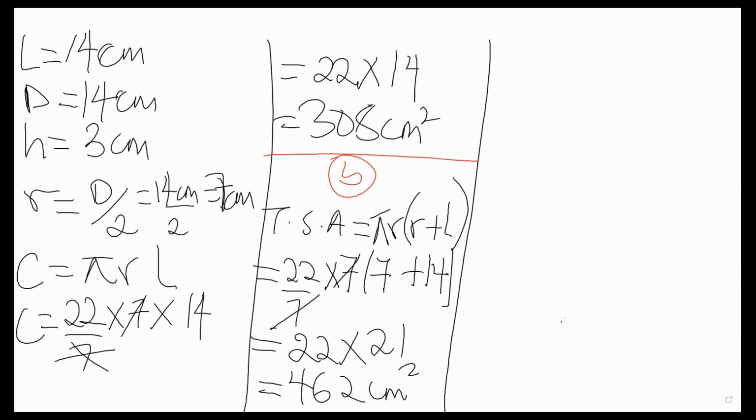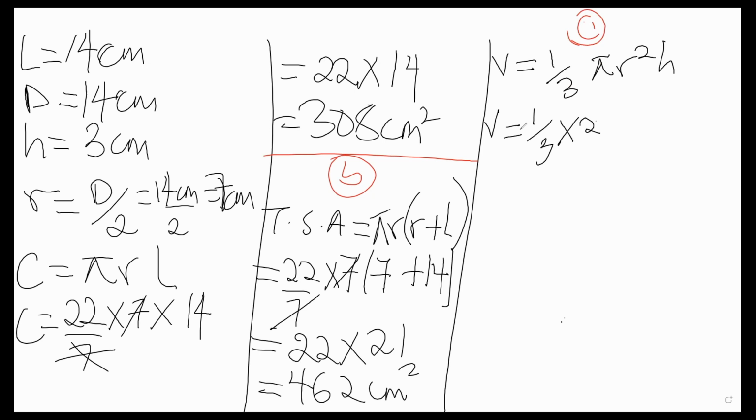Lastly, we move to the last part, which is question C, the volume. We know that the volume of a cone, V, is equal to 1/3 pi r square h. Now, that means our V is going to be equal to 1/3 multiplied by 22/7 multiplied by R, which is 7, so we have 7 multiplied by 7 multiplied by H, which is 3 centimeter.